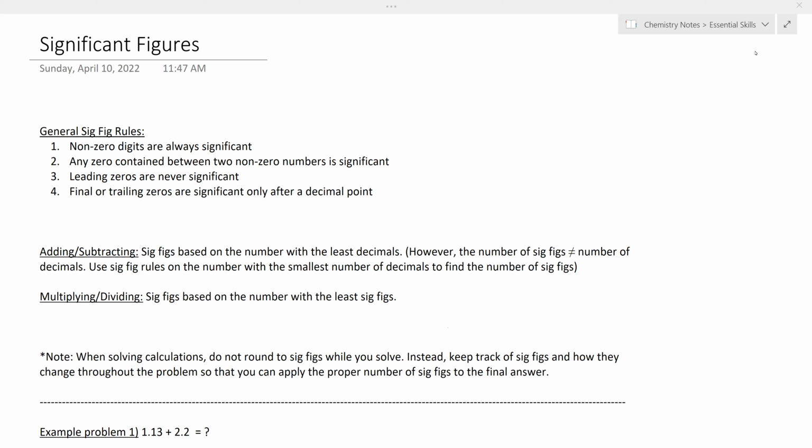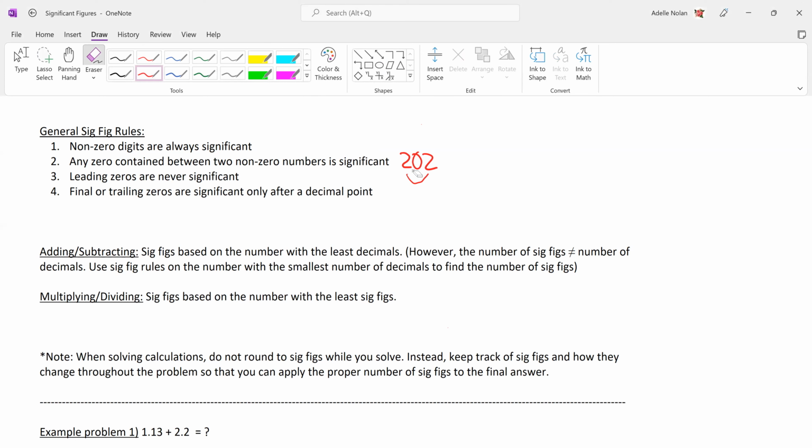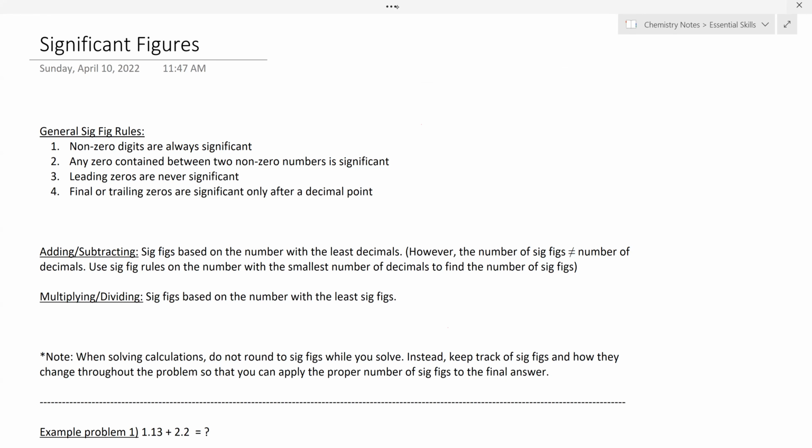Okay, the second one, any 0 contained between 2 non-zero numbers is significant. Say if you have 202, you might think the 0 is not significant, right? But because it is trapped between these 2 2s, it becomes significant.